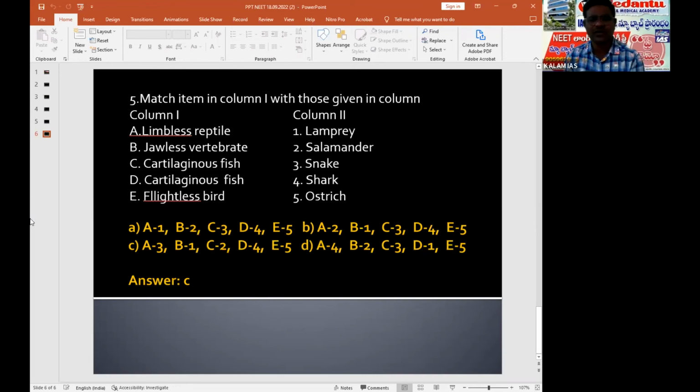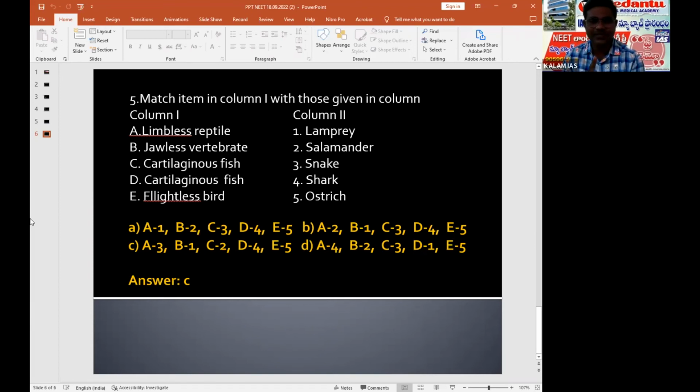Coming to the point, match the following. Column 1: limbless, jawless, cartilaginous, flightless. Column 2: lamprey, salamander, snake, shark, and ostrich. So here the correct answer is C. Limbless reptile means we have a snake.